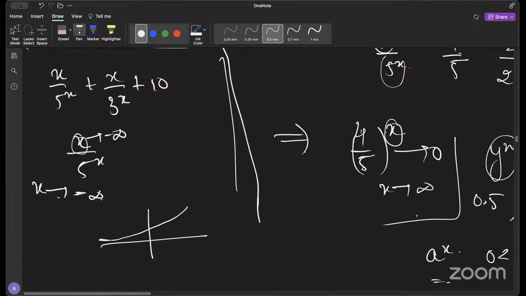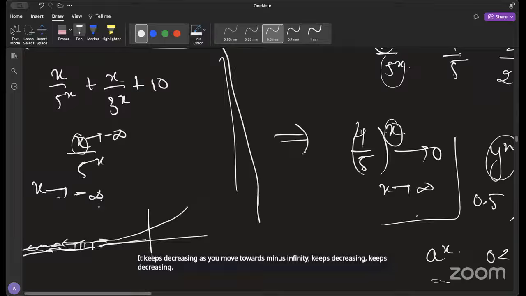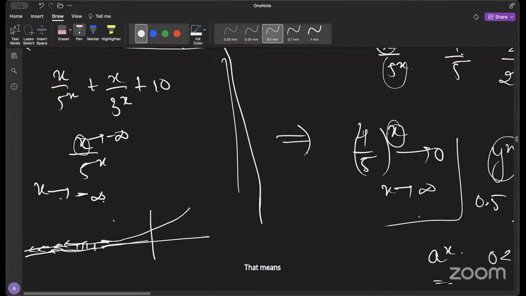As your x tends to minus infinity, this graph is going close to 0. The height is getting close to 0. It keeps decreasing as you move towards minus infinity. That means the limit is 0. So this limit is 0.